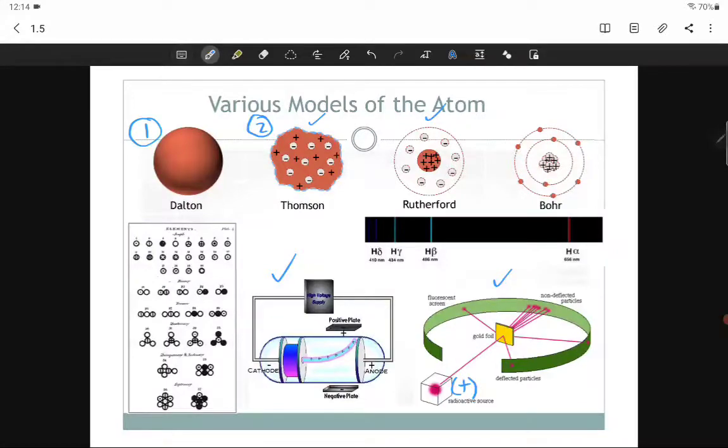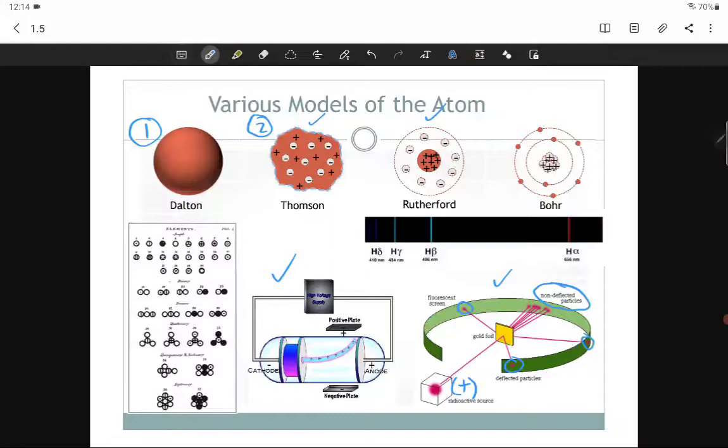And he shot this at a very, very, very thin gold foil. Most of the alpha particles went straight through. Occasionally they got deflected just slightly. Occasionally, very uncommon, but it did happen that they got deflected a lot more than just slightly.